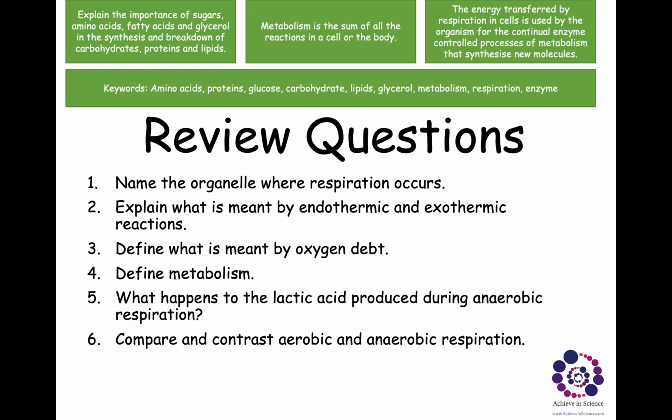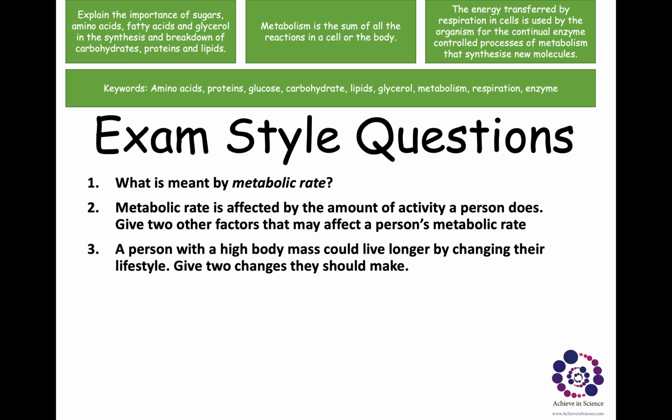So what I want you to do is have a go at these three questions. What is meant by metabolic rate? We looked at that briefly. Metabolic rate is affected by the amount of activity a person does. Give two other factors that may affect a person's metabolic rate. Think about this and research it.